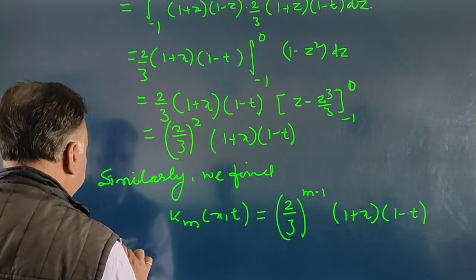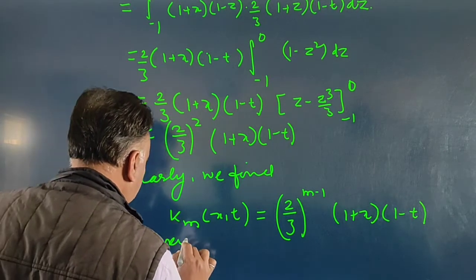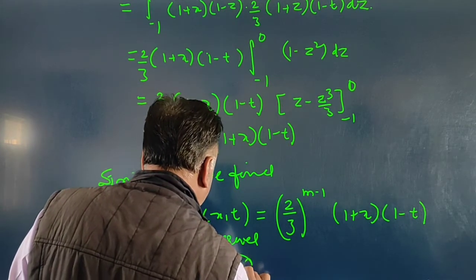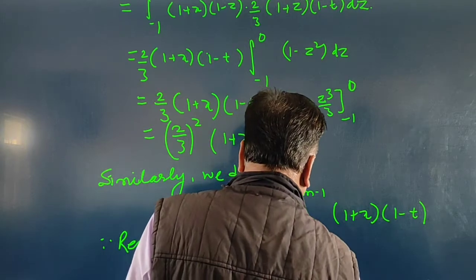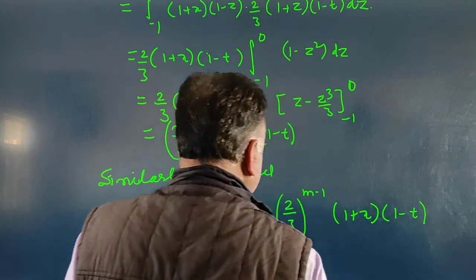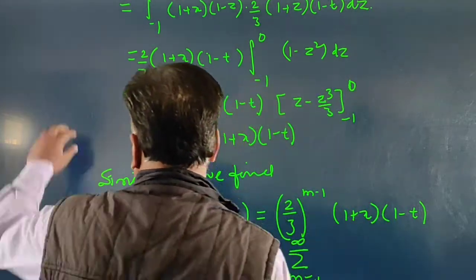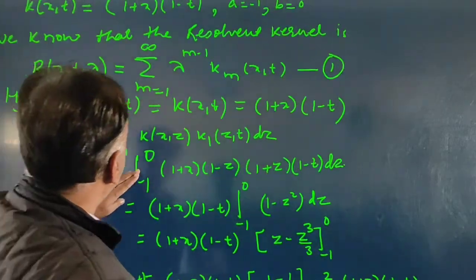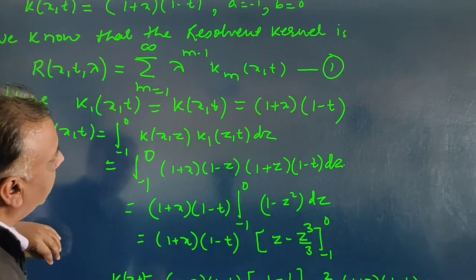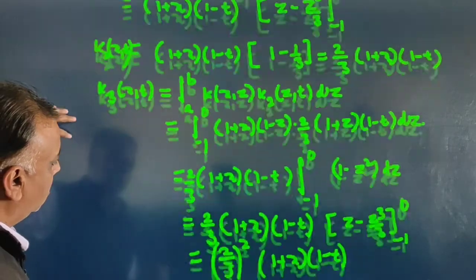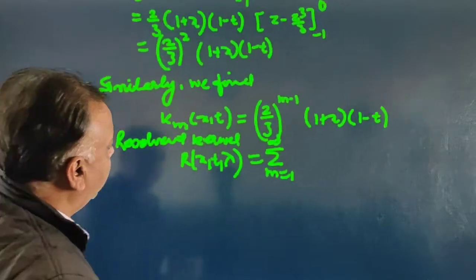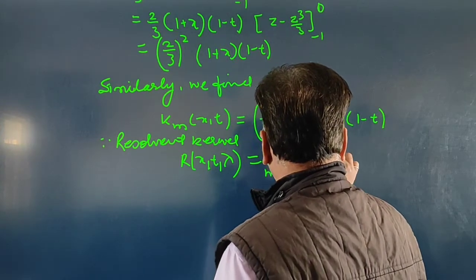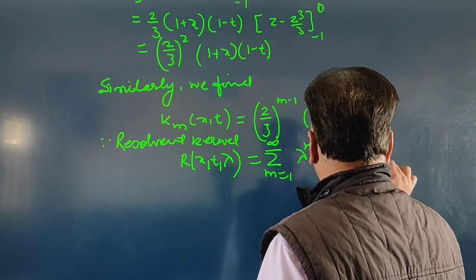So the resolvent kernel R(x,t;lambda), by equation first, is equal to the summation m equals 1 to infinity of lambda raised to m minus 1 into km(x,t).